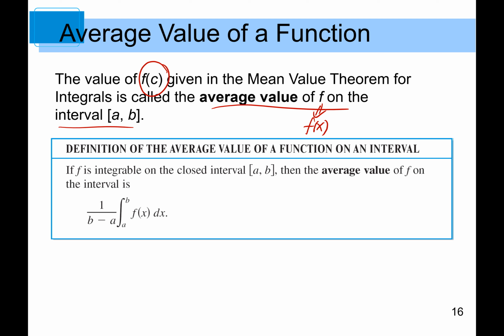So if f of x is integrable, that means an antiderivative exists, on a closed interval a comma b, then the average value of function f of x on the same interval is 1 over b minus a times the definite integral of f of x with respect to x from a to b. Okay, and that's how you compute the average value of f on an interval.